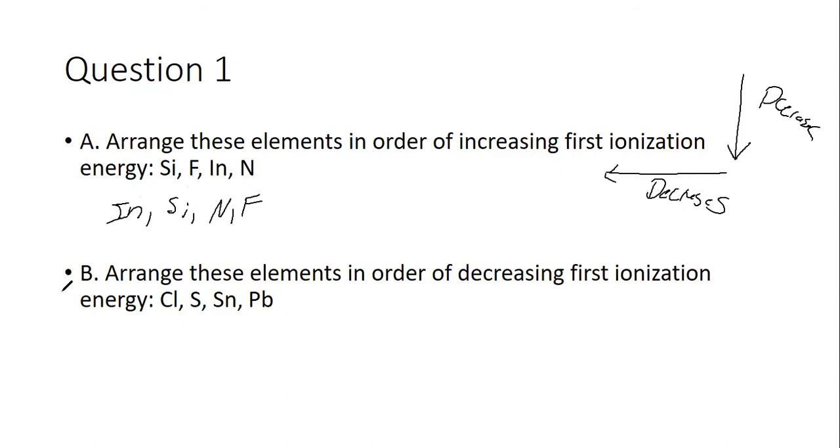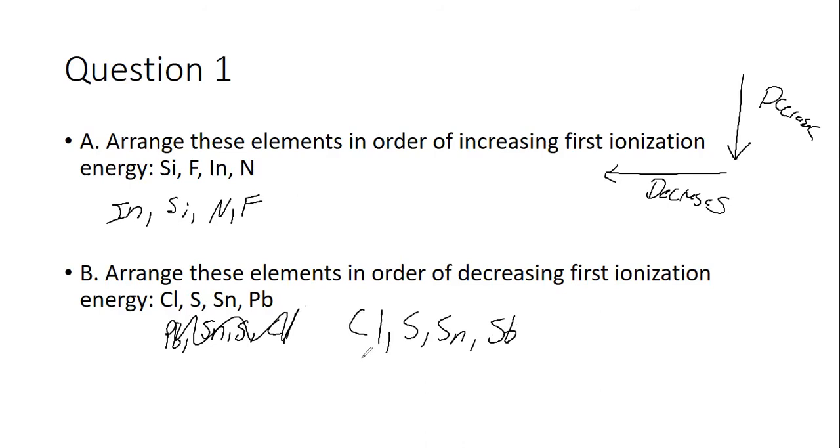And then B, we can play that same game. So the furthest down into the left is lead, followed by tin, then sulfur, and chlorine. Oh, I wrote that backwards. I'm sorry. This is supposed to be decreasing. Chlorine, sulfur, tin, lead.